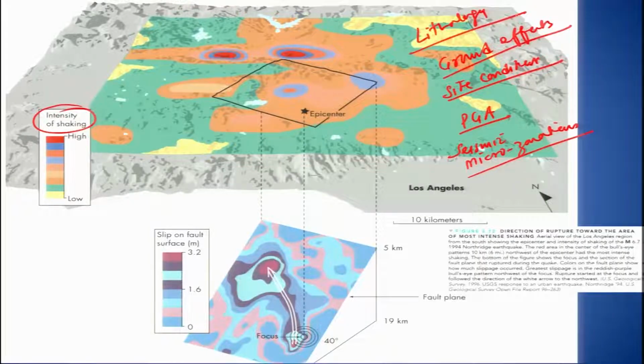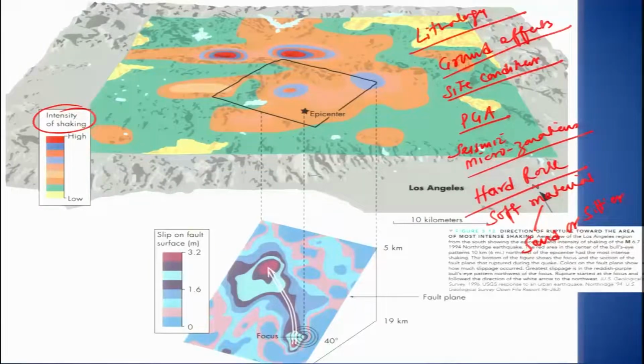I will just briefly tell you that if you have, for example, hard rocks, then the ground shaking will be different, and if you have soft material, either sand or silt, or the clay layers, the intensity of ground shaking will vary during the same earthquake.